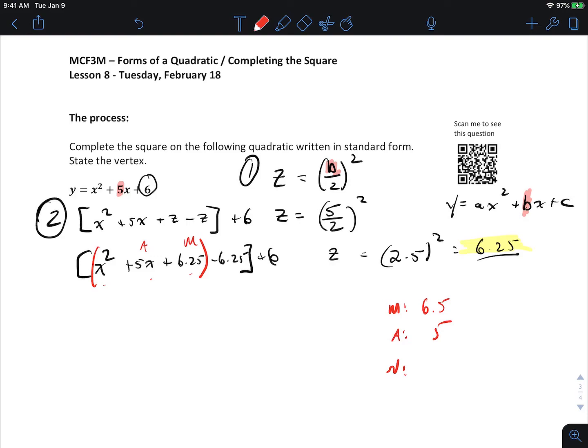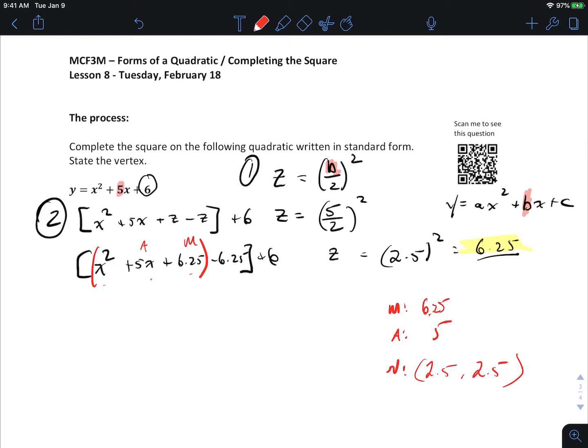But this is where this magic number that I was telling you about comes into play. It turns out the 2 numbers that satisfy this are 2.5 and 2.5. 2.5 times 2.5 is 6.25. Right? But they also add to 5.